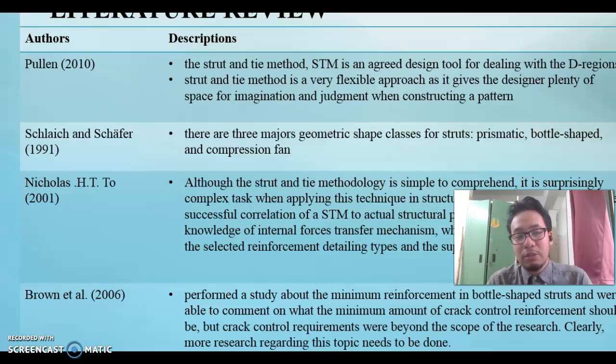According to Brown et al. 2006, he performed a study about minimum reinforcement in bottle-shaped struts and was able to comment on what the minimum amount of crack control reinforcement should be. But crack control requirements were beyond the scope of the research. Clearly, more research regarding this topic needs to be done.